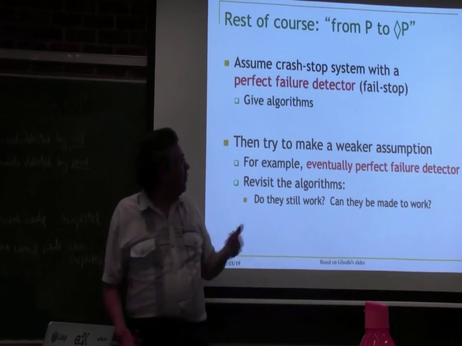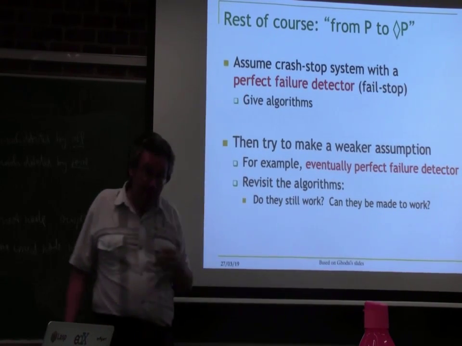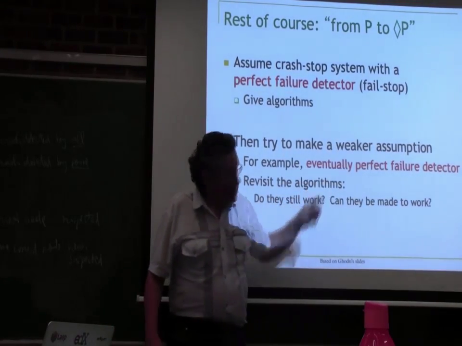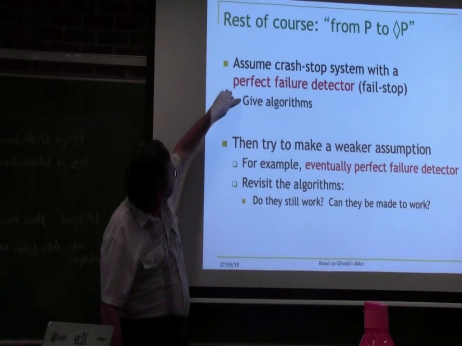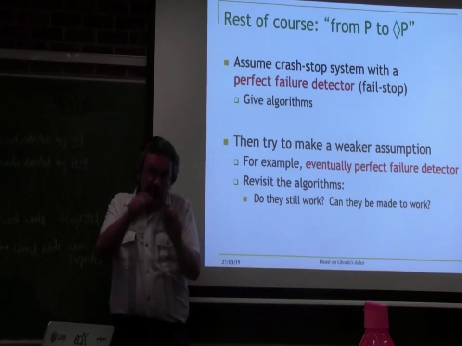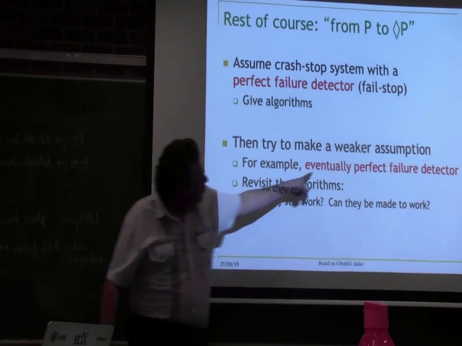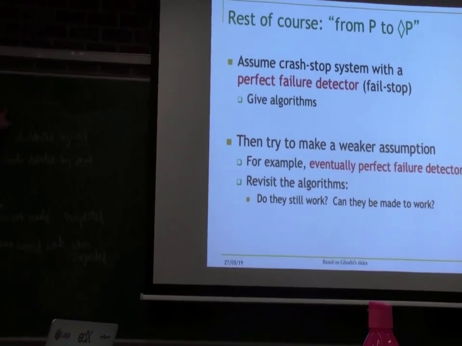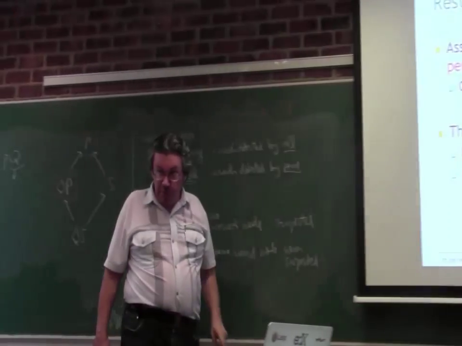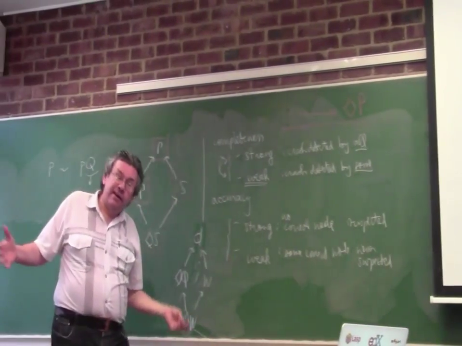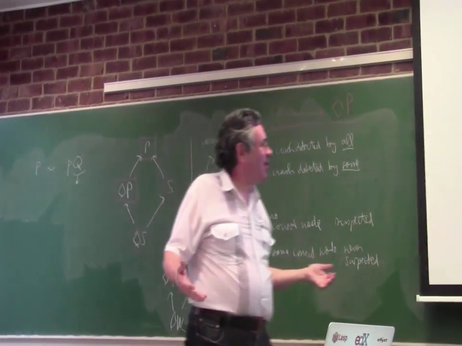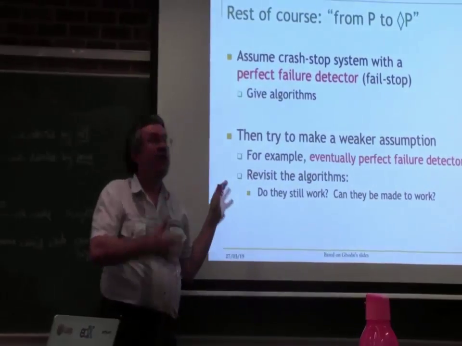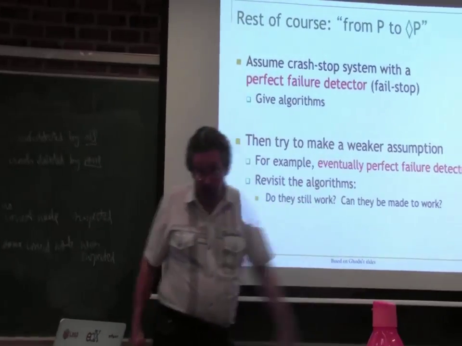That makes it practical, because P is not really practical, but the algorithms are easy. Eventually P makes it practical. Is it possible to take these algorithms and twiddle them a little bit so they still work? So we give algorithms for P and see whether we can make them work for eventually P. Sometimes it works, sometimes it doesn't. This summarizes a lot of the course, from P to eventually P.